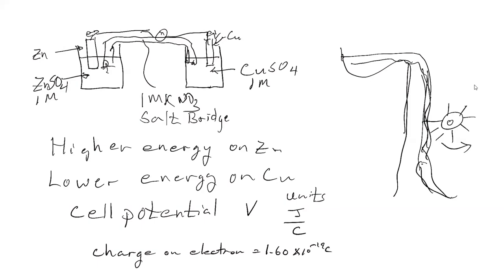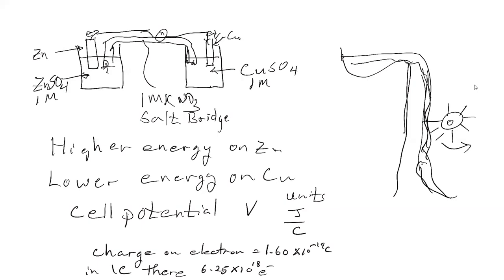And this means that in 1 coulomb, there are 1 over 1.6 times 10 to the minus 19, or 6.25 times 10 to the 18th electrons.